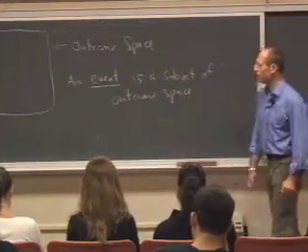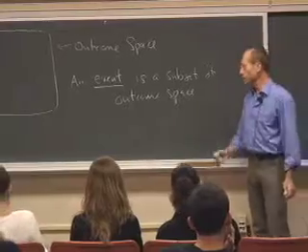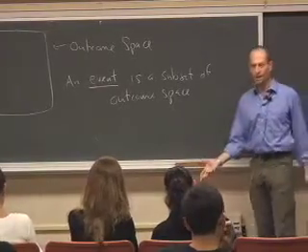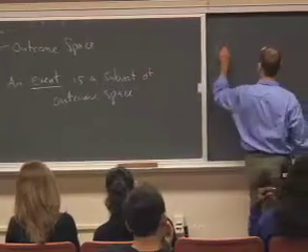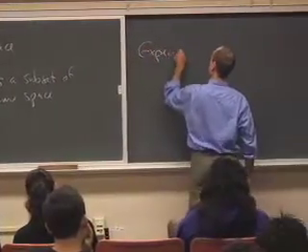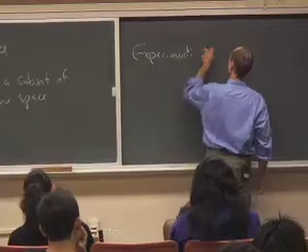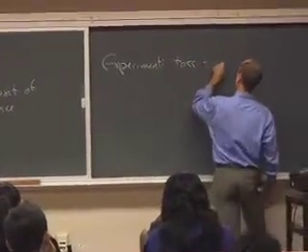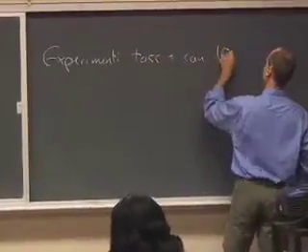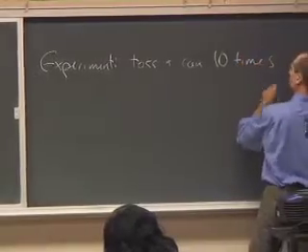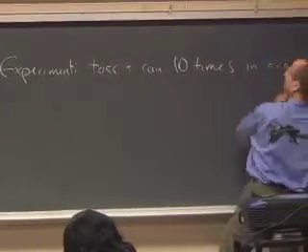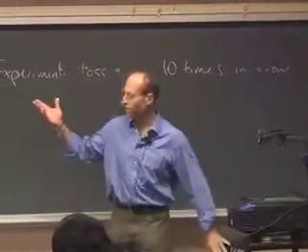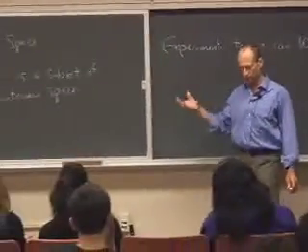Okay, so for instance, our experiment could be toss a coin 10 times in a row. So there's an experiment. Okay, so what would outcome space consist of then?